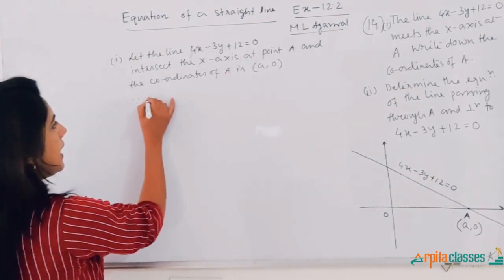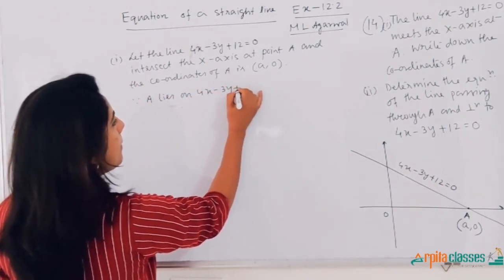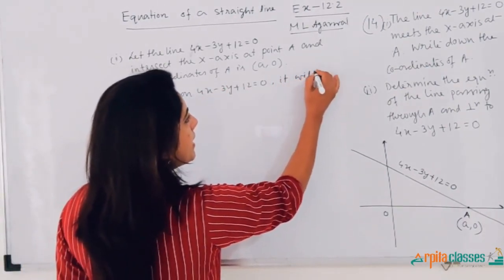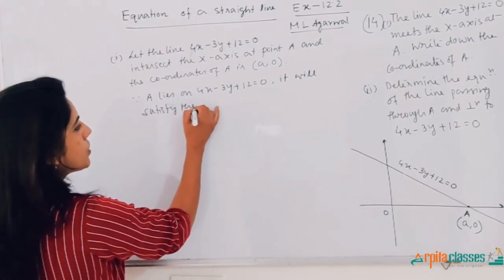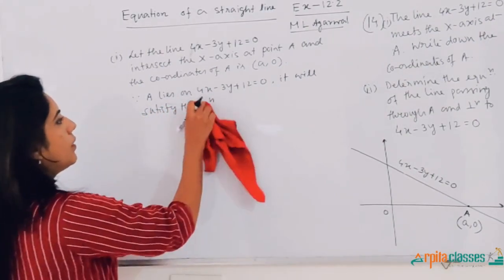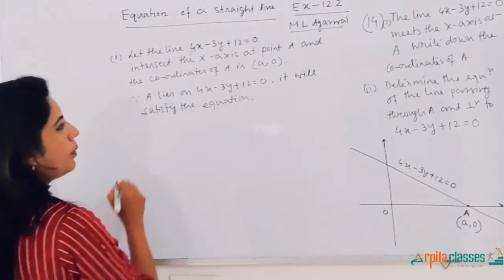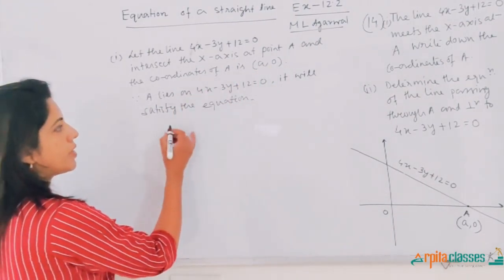Now since A lies on 4x minus 3y plus 12 equal to 0, it will satisfy the equation. That means if I put A comma 0 here, then it will satisfy this equation.